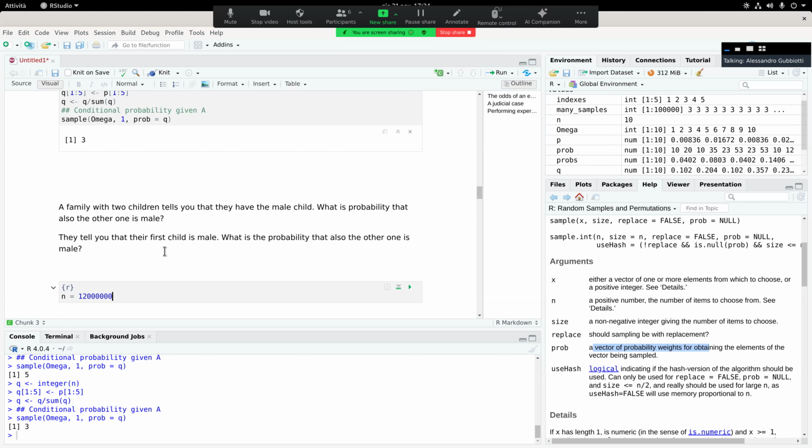Let's take the vector of genders, male and female, and generate artificially.